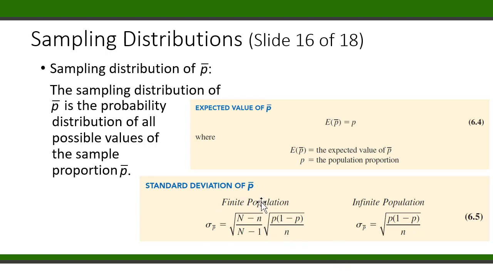That's for a finite population. For an infinite population, it would just leave off the finite population correction factor and just do the square root of p times 1 minus p divided by n. And that'll give you the standard deviation for the proportion of the sample.